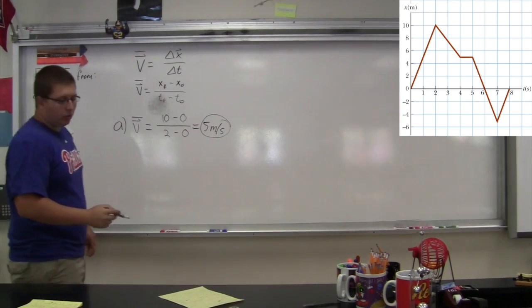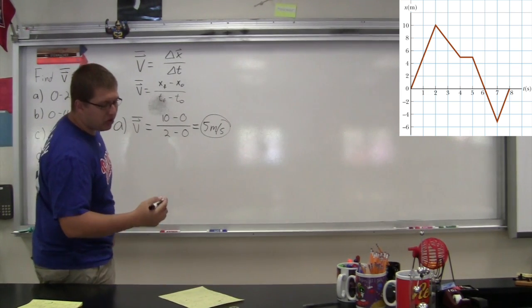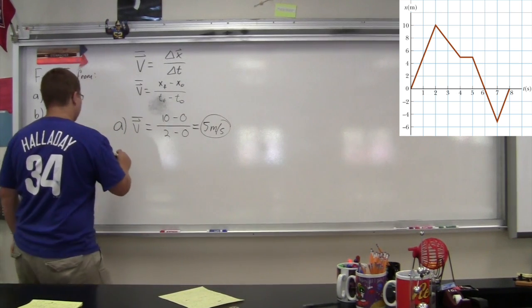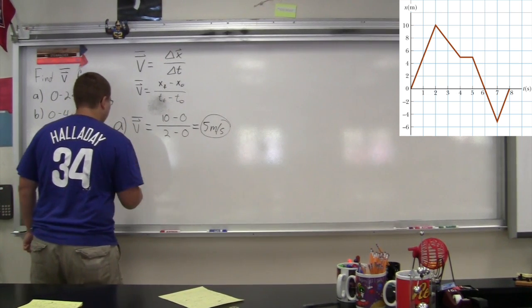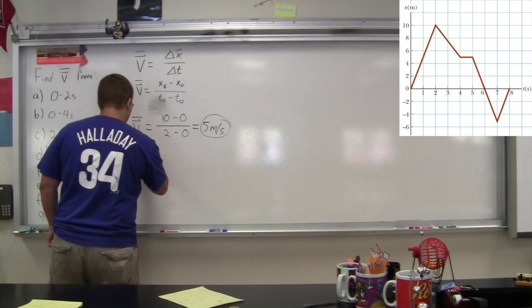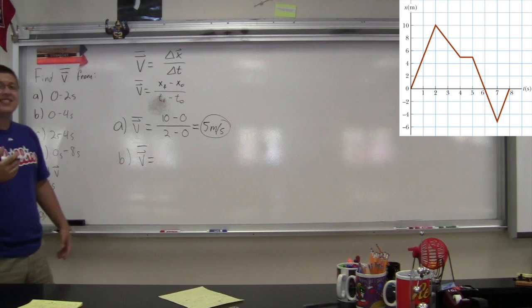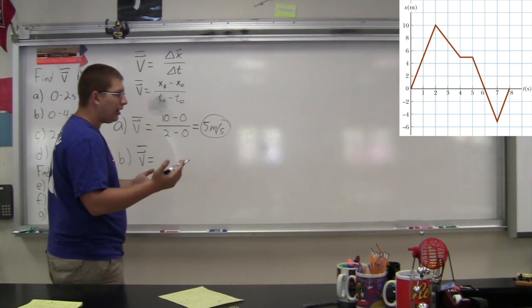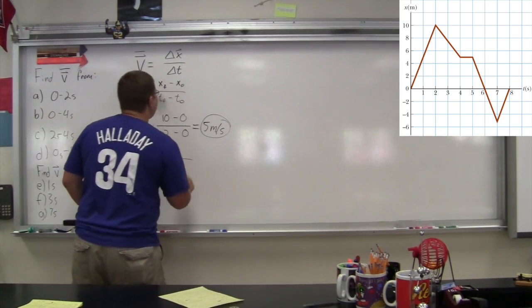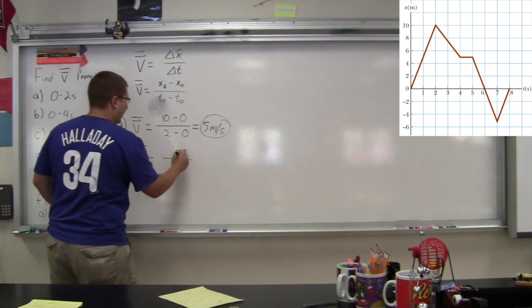Letter B, we want to find the average velocity from 0 to 4 seconds. If you look back at the graph, it still starts at 0 seconds and 0 meters. So the initial position is 0, the initial time is 0.